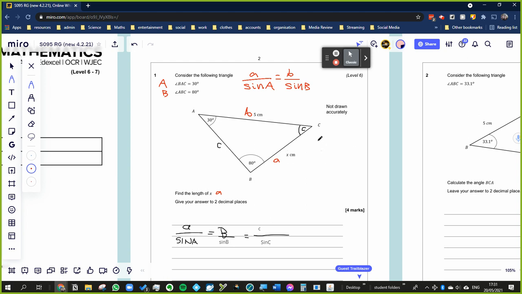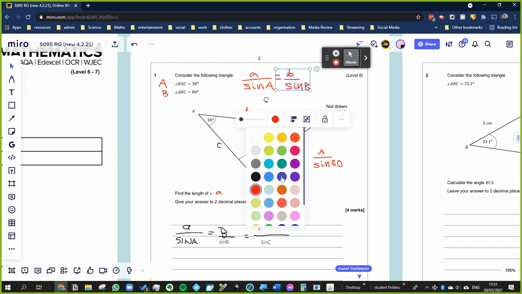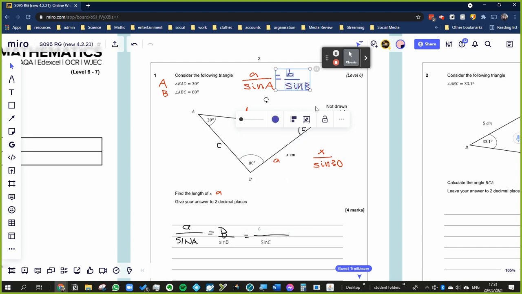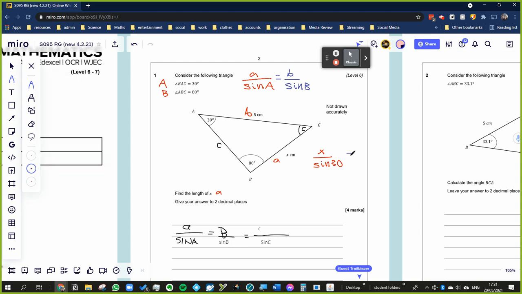So in this case, we can say that x over sine 30. Let's use a bit of colour so you can see what I'm doing. So basically what I've just done is the left-hand part of it. And then I can say that that's equal to the other side.